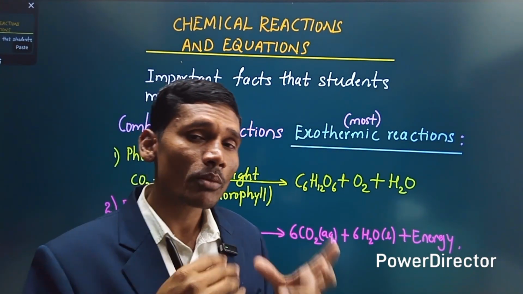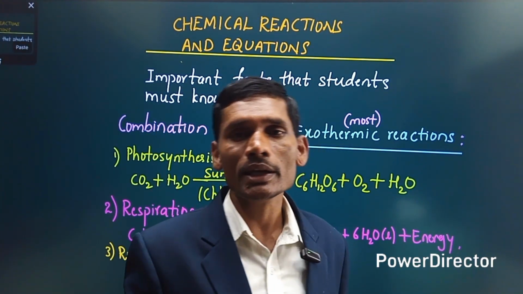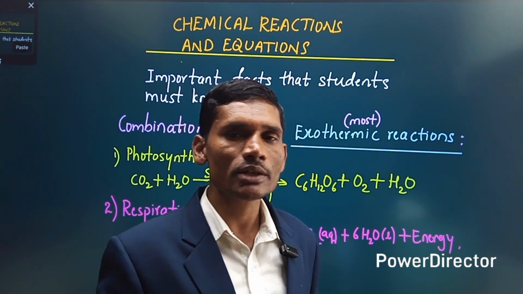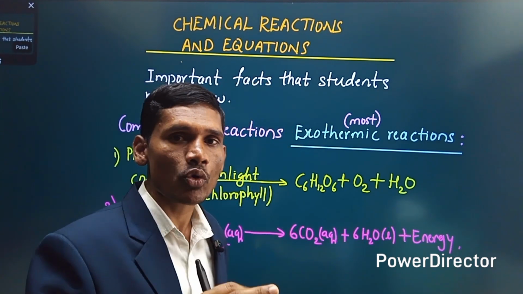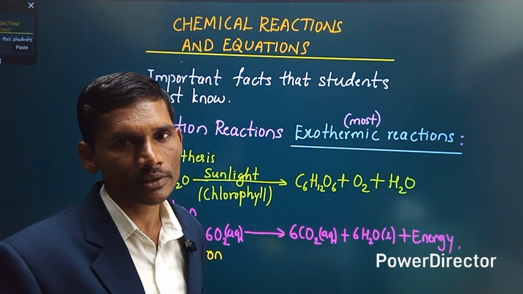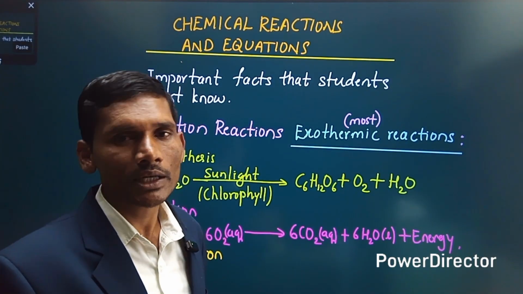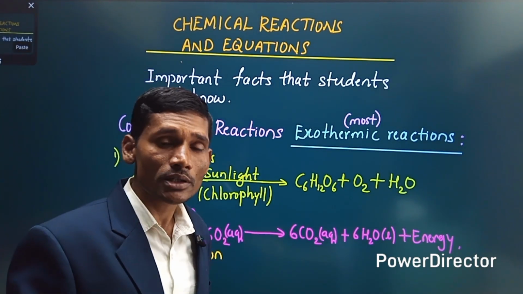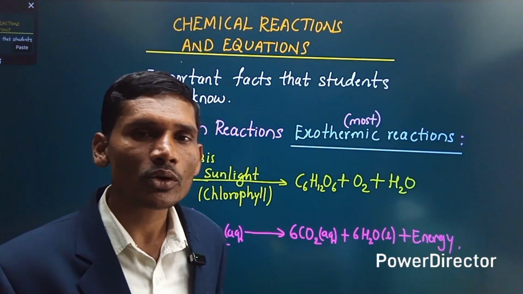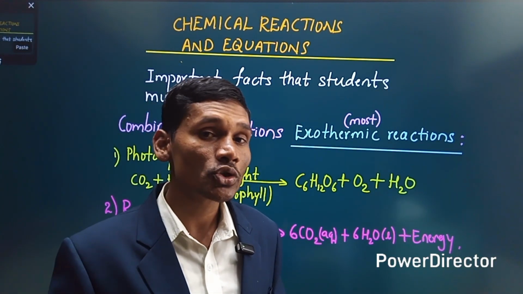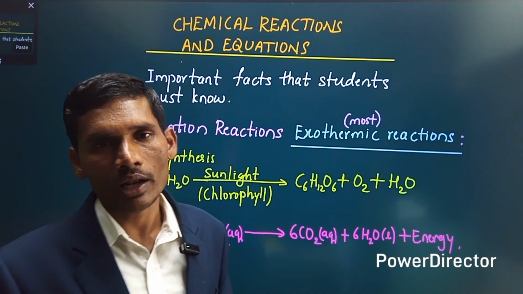During combination, energy will be released in the form of heat, electricity or light, whatever it may be. So that is why we consider them as exothermic reactions. And most of these combination reactions are exothermic in nature. But yet some reactions are there, though even they are combination reactions, they may be endothermic in nature. So there will be exceptions. You cannot say all are like that.